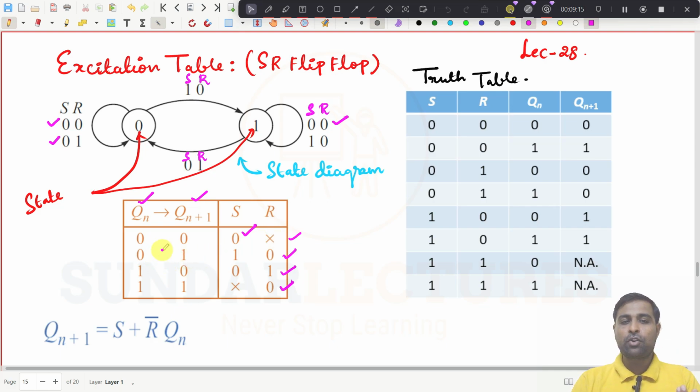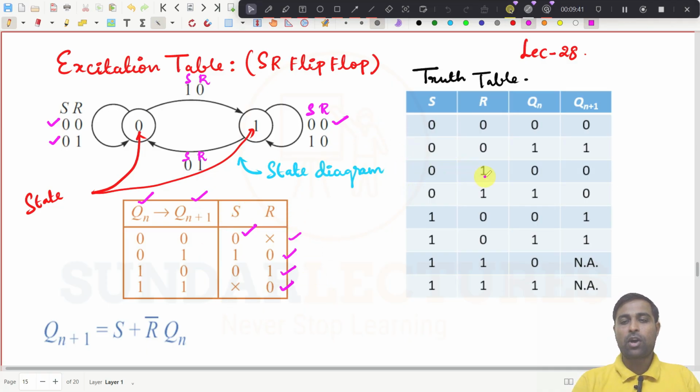If the present state is 0, the next state should go to 1, then S should be 1 and R should be 0. If the present state is 1, the next state should go to 0, then S should be 0 and R should be 1. And if the present state is 1, the next state should be retained in 1, then S can be anything, 0 or 1, but R should be 0. So this is the excitation table of an SR flip-flop.